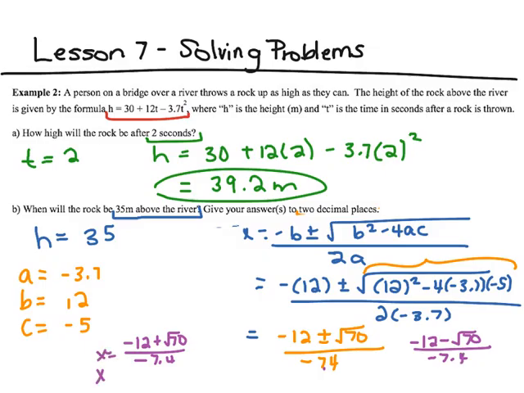Pause the video and type that into your calculator, and also type the negative in to see if you get the right answer. To 2 decimal places, you should get 0.49 and 2.75. So those are the 2 seconds where it would hit 35 meters. What that means is it hits it twice, once on the way up and once on the way down.